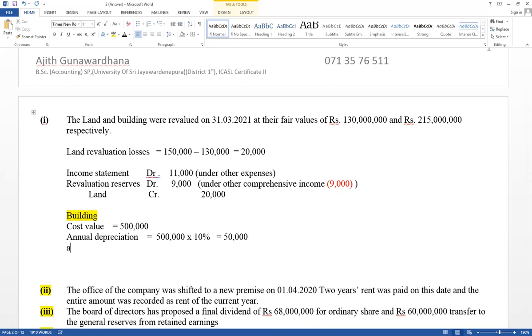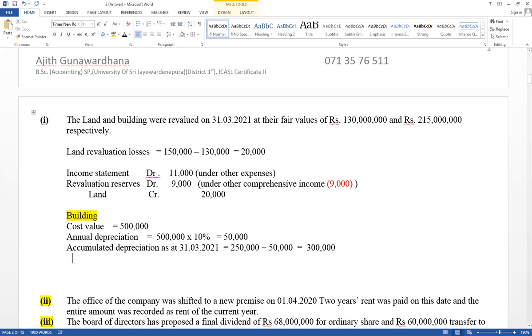Then think about accumulated depreciation as at 31st March 2021, the closing balance. It has given end of the revaluation. Opening balance 250,000 plus annual depreciation 50,000. Therefore, at the time of revaluation, accumulated depreciation equal 300,000.